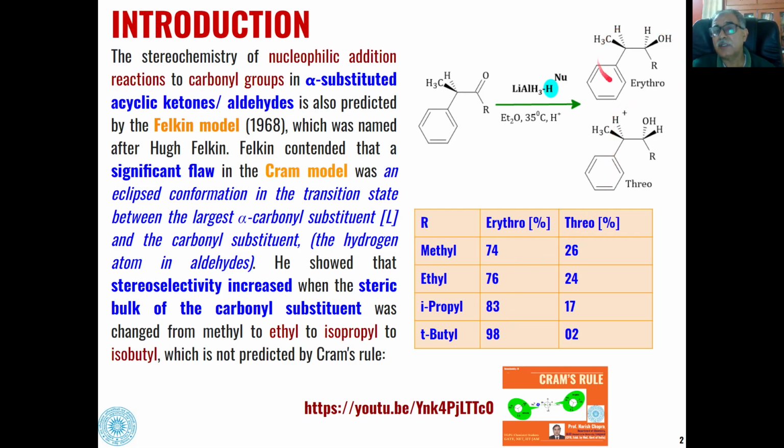We can have a syn product or erythro product and a threo product, and based on the transition state we will get the major product and the minor product. The syn or erythro product will be the major product, and the threo or anti product will be the minor product.